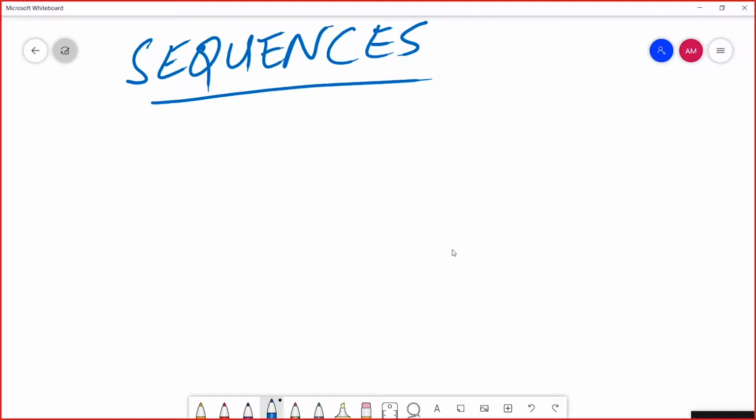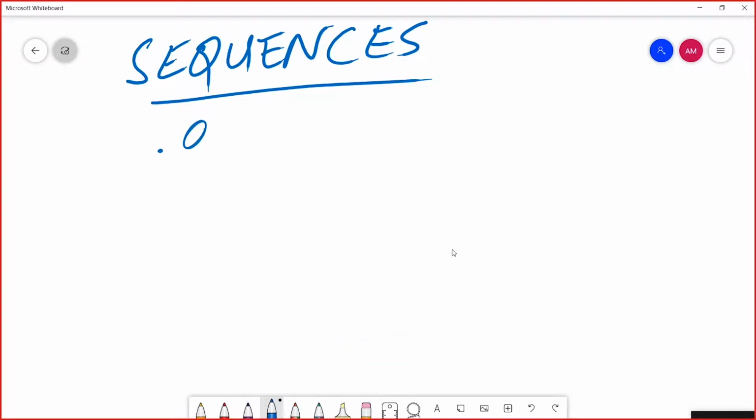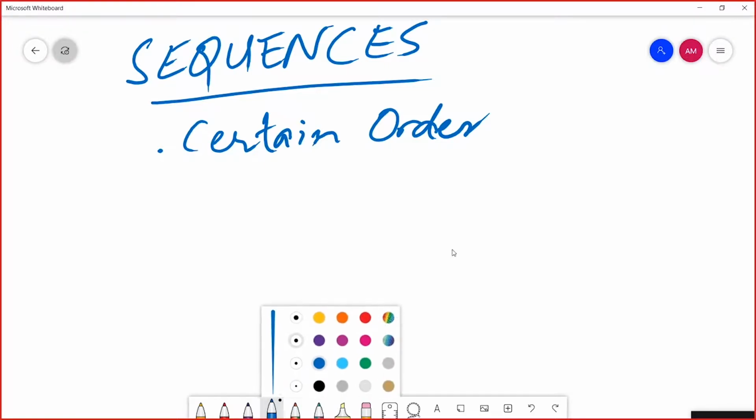So first thing is there is some certain order. And if you know that order, you can tell what is going to be the next term. Yeah.